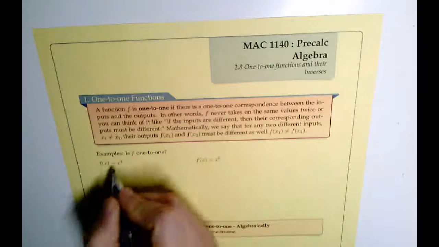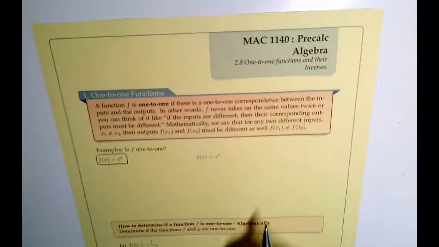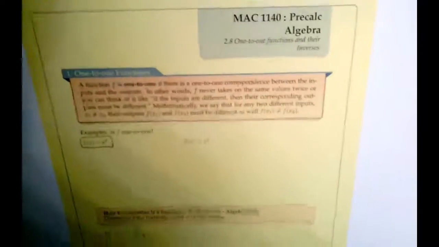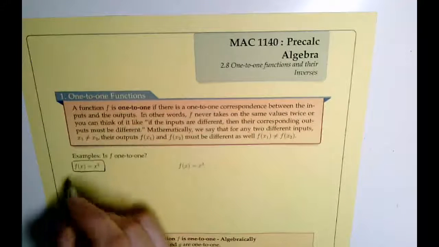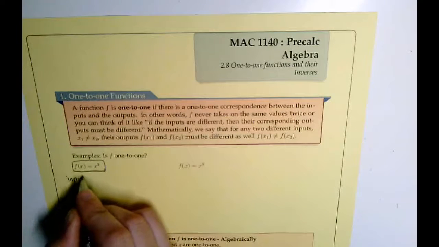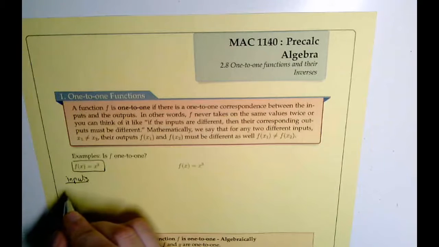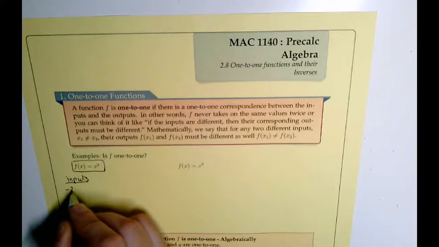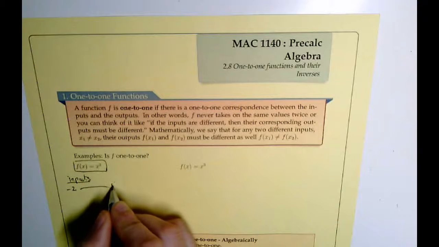So what do we mean by that? For example, if I look at the function f of x equals x squared, and let's look at some inputs. Let's say when x is -2, the output will be 4.